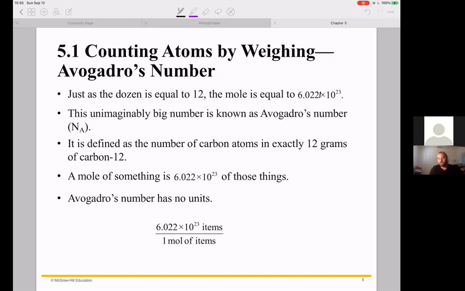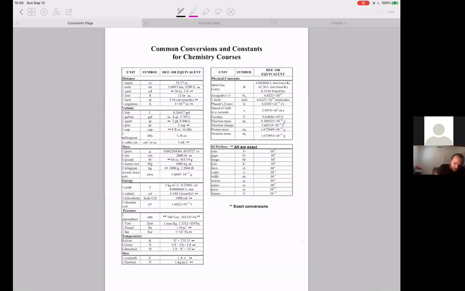And of course, we usually use it in the context of a mole of carbon atoms, for example, or a mole of CO2 molecules. If I had a mole of carbon atoms, that would mean that I had 6.0221 times 10 to the 23rd carbon atoms. And again, we can find it on our constants page. It's actually over in this chunk here.